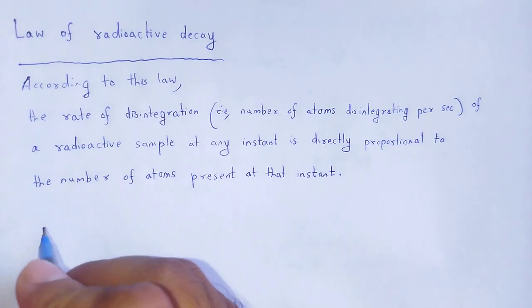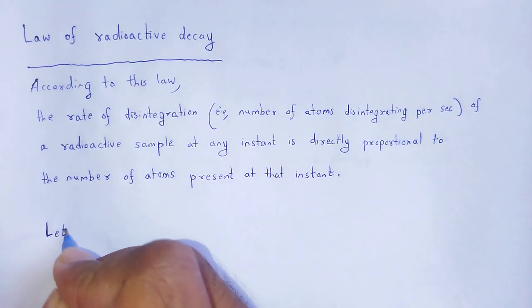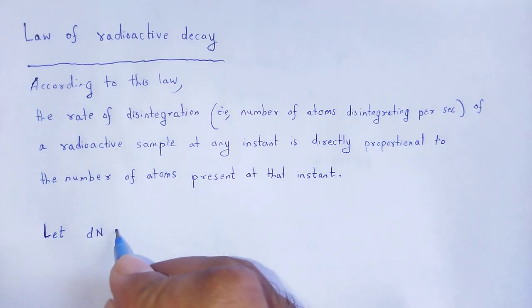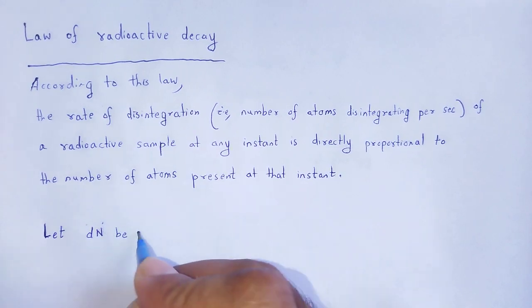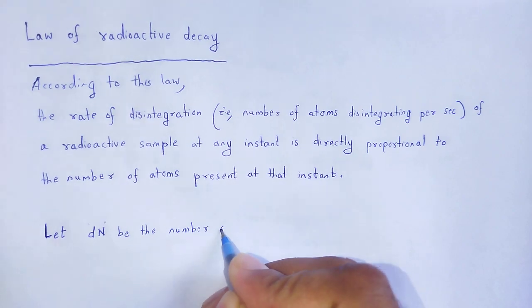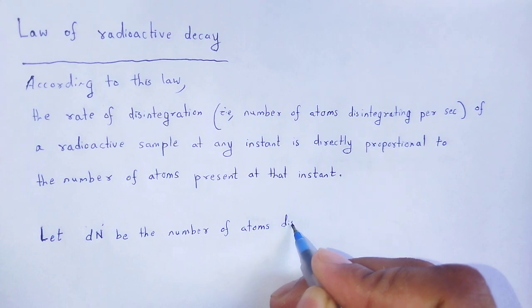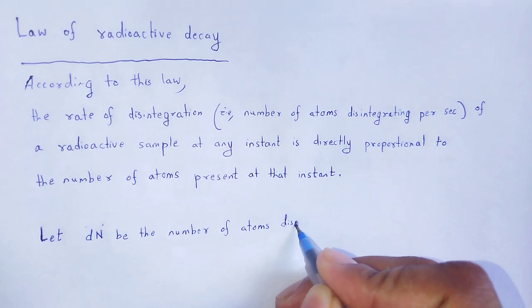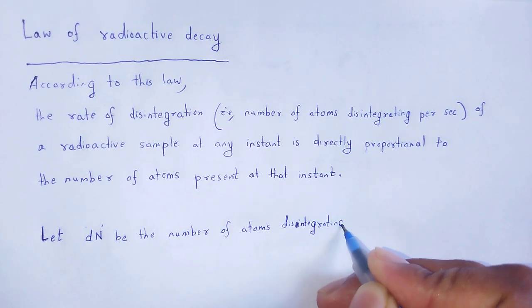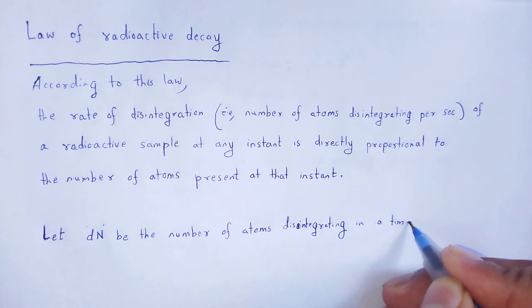Let us suppose dN be the number of atoms that are disintegrating in a time duration dt.